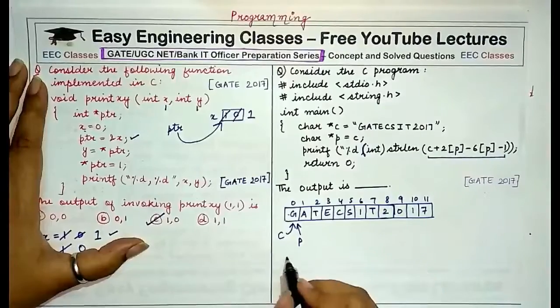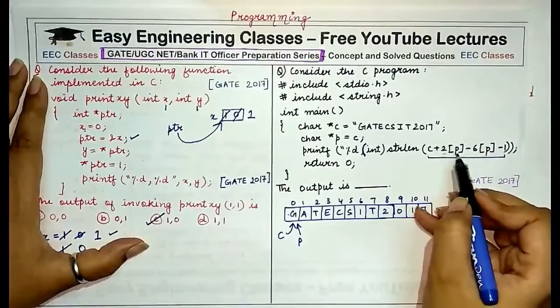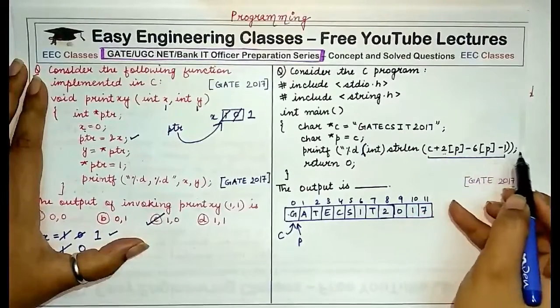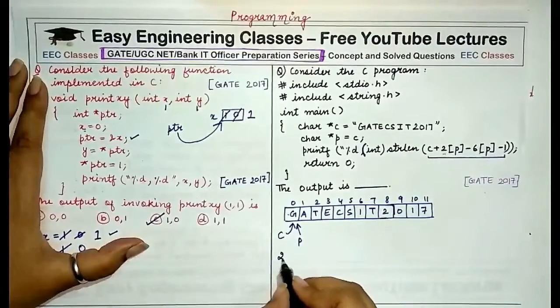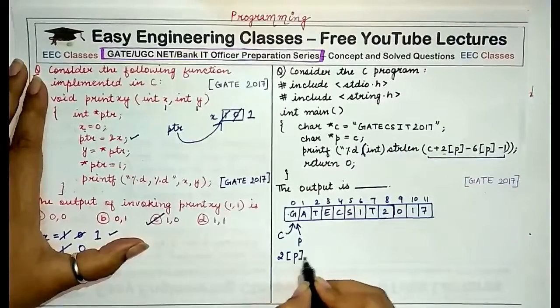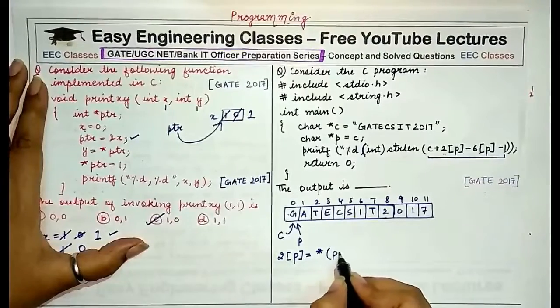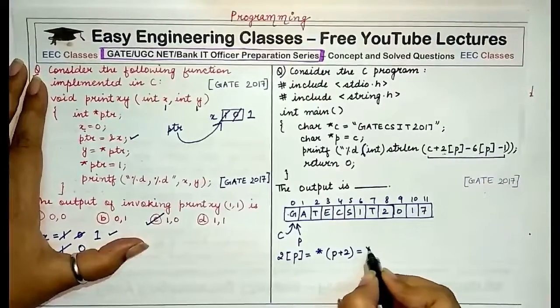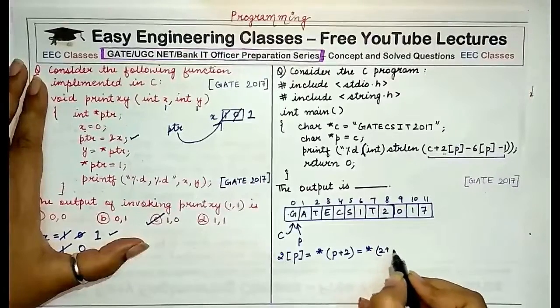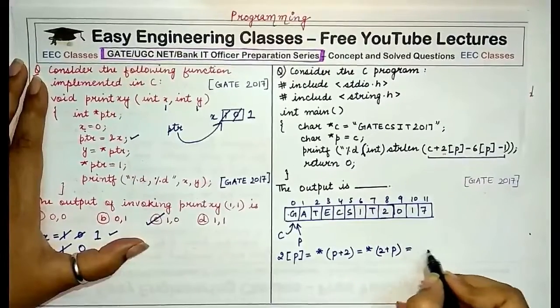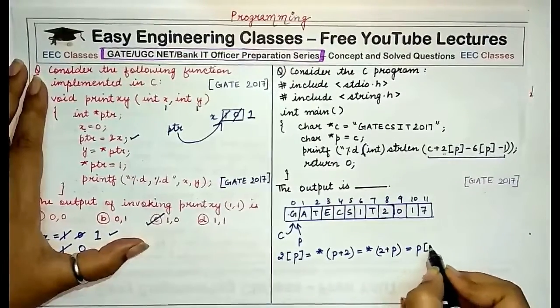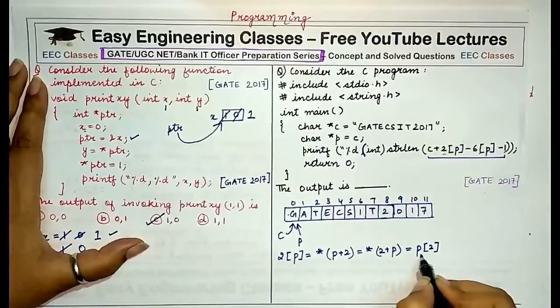What does C plus 2 of P minus 6 of P minus 1 mean? 2 of P is exactly similar to writing star of P plus 2, or star of 2 plus P. That means we are referencing the second index of the character array.